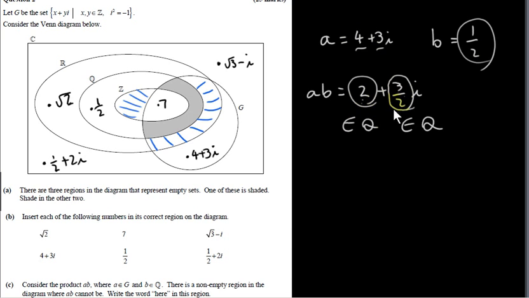The real and imaginary parts will be elements of Q. If you think about it, this number AB cannot be in this region here, because this region here that I'm shading in red consists of irrational numbers. But AB is a complex number where both parts are rational.